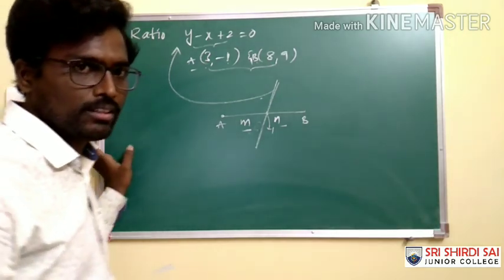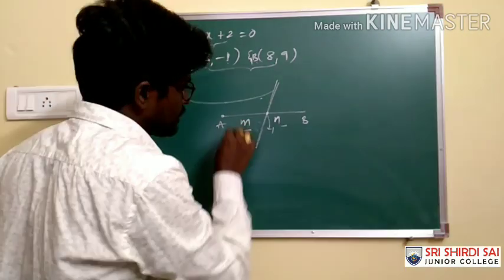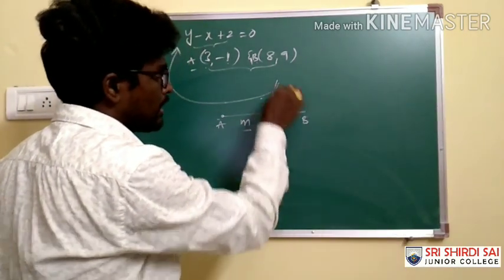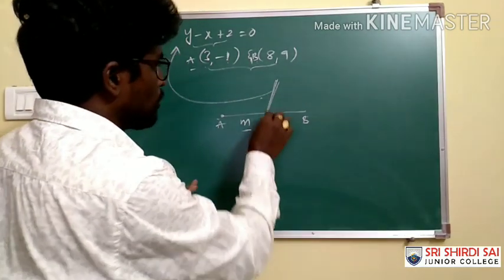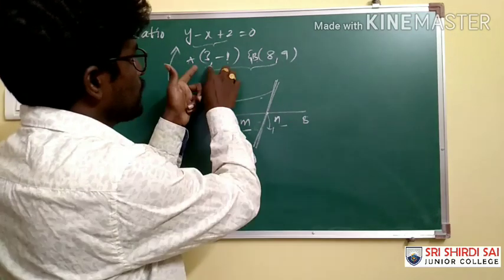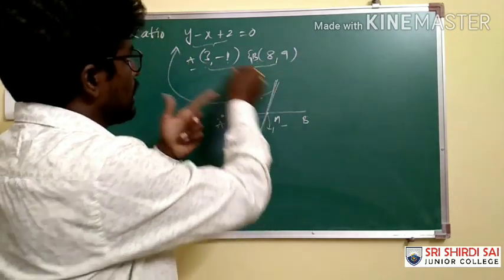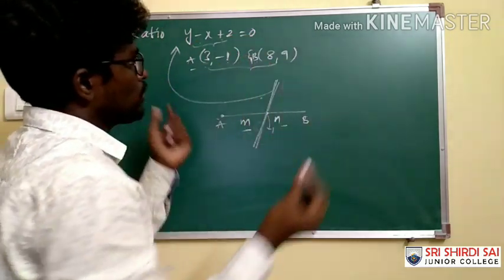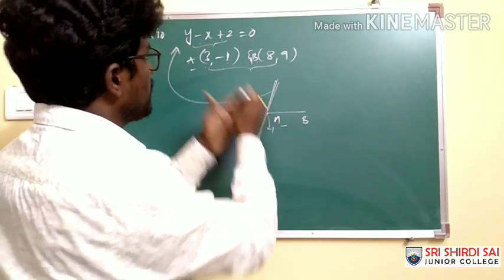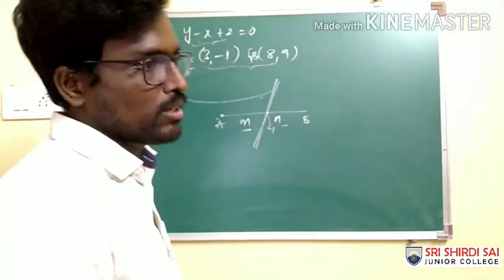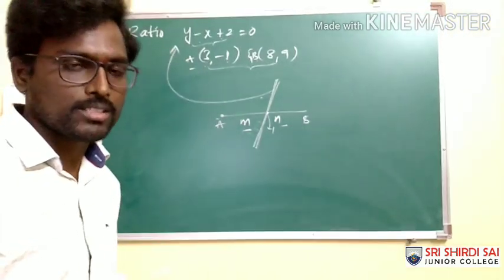Why? This particular point is common to AB as well as this line. So the coordinates of this point should satisfy the line y minus x plus 2 equal to 0. Satisfying means substituting that point instead of x and y, and it should be equal to 0. That's the concept here.